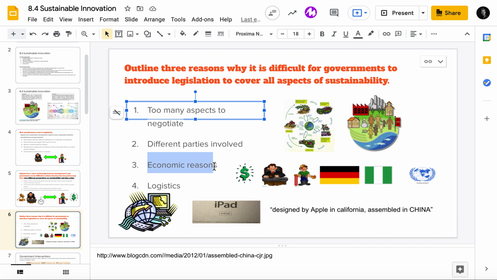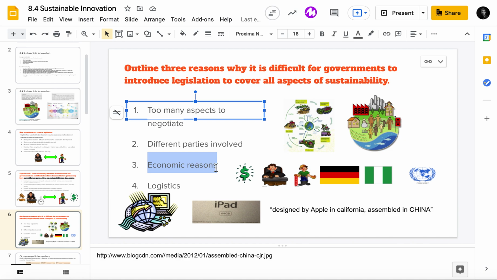Economic reasons: again, how much money is a factor. How can you fit within the government budget, but then if industry needs to make a lot of money, how can they balance that money making while making sure they're using sustainable practices.